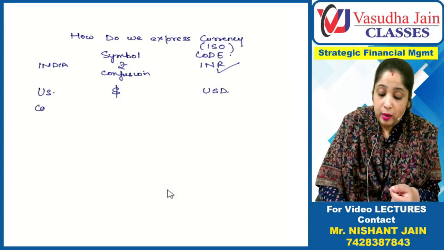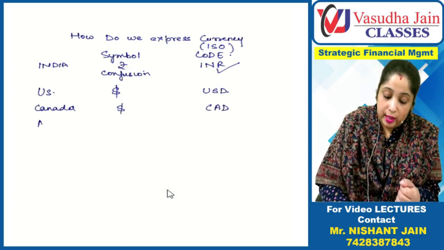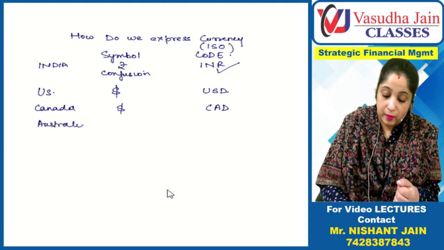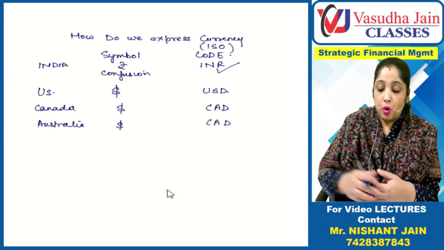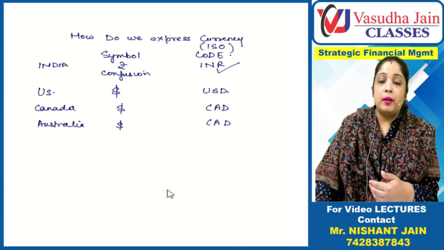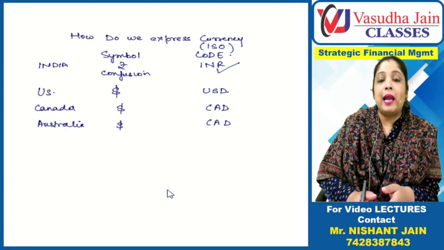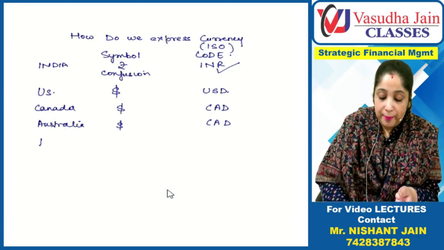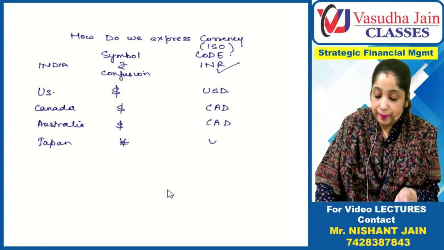If it's a Canadian dollar, its code will be CAD. If it's an Australian dollar, its code will be AUD. So the ISO code is unique for a currency, but symbols can confuse you. For example, for Japan the currency is yen.